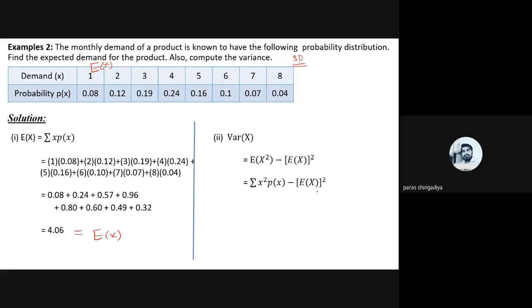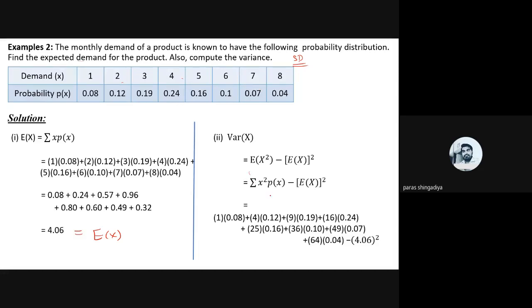And now sigma X square into P of X. In that case, we'll consider the square of the random variable: 1 square, 2 square, 3 square, 4 square, up to 8 square, and then we'll multiply with its probability. So 1 square is 1, 2 square is 4, 3 square is 9, 4 square is 16, 25, 36, 49, and 64. Find out its product, and then subtract 4.06 whole square.